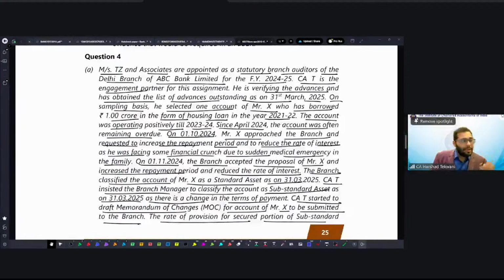Very good, we just now saw. And the provision for a substandard asset as per IRAC is clearly given as 15%. The bank provided 20%, which is incorrect for the secured portion. It has to be 15% only.